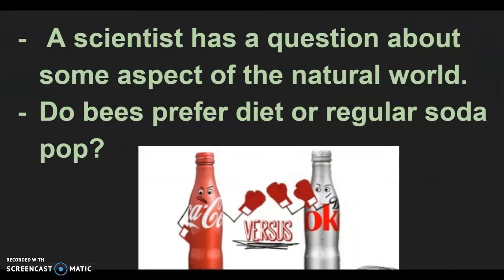Now, when we're talking about a question or problem, we're talking about a scientist having a question about some aspect of the natural world. The things I mentioned that have been in the headlines and have really impacted daily life are on the medical front. That's right up the alley of anybody who studies and loves biology.